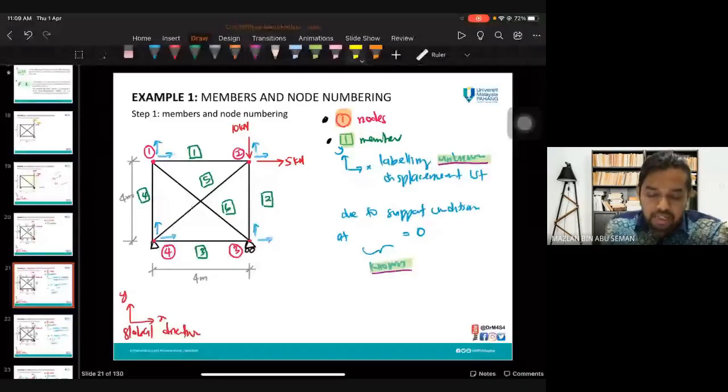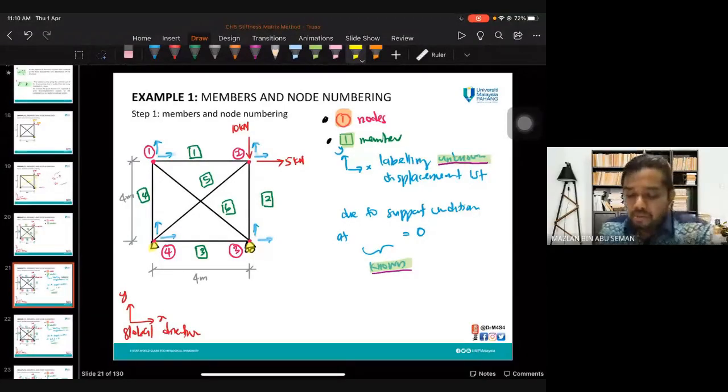Here, exactly, there is no displacement in X and Y. However, on this roller, we're going to have displacement in the X direction, but no displacement in the vertical or Y direction.